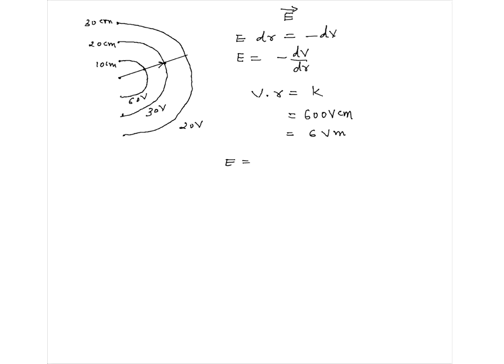Now, I just need to differentiate. In place of V, I am going to put 6 by R. 6 comes out, derivative minus 1 by R square. So 6 by R square. So one has to be careful in such problems.